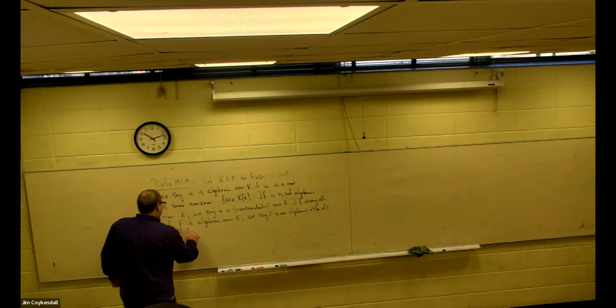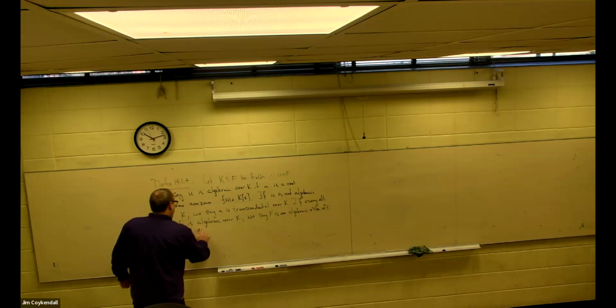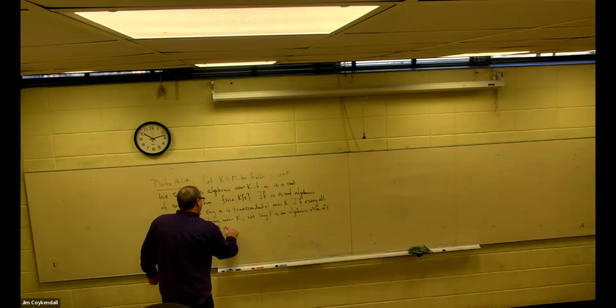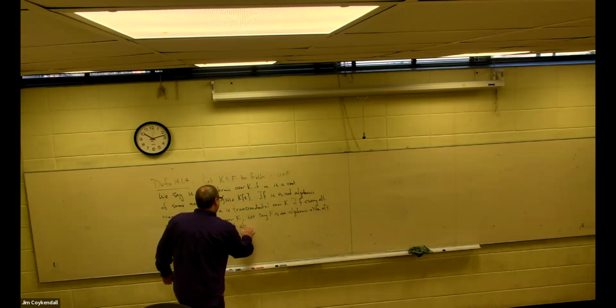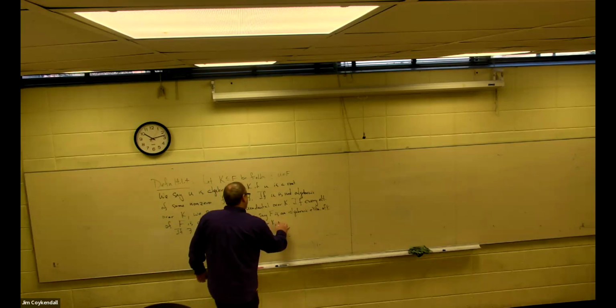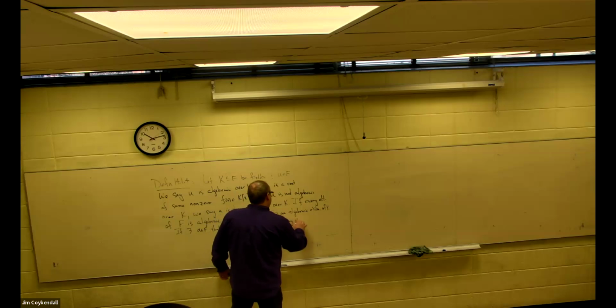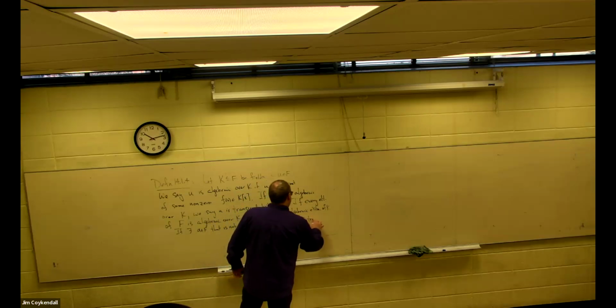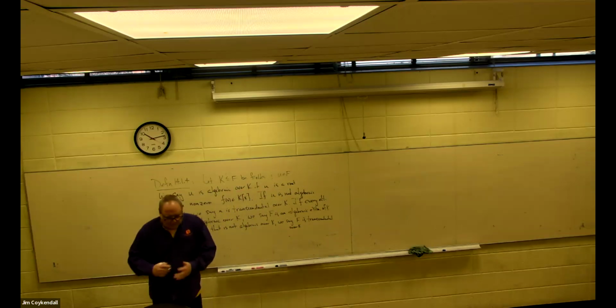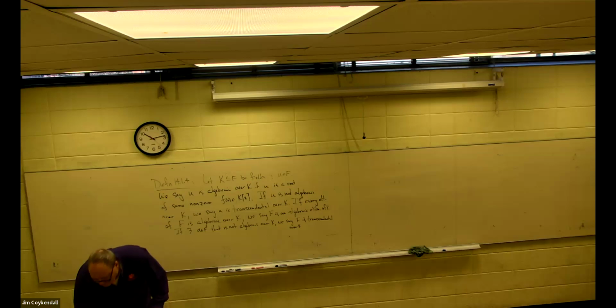If there exists alpha in F that is not algebraic over K, we say F is transcendental. So the existence of at least one element that's not algebraic forces us to call the extension transcendental.